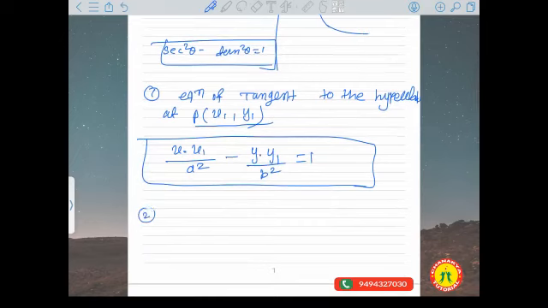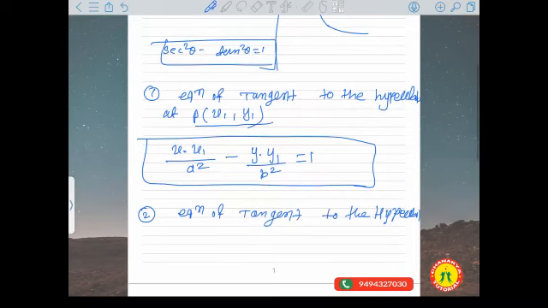So equation of tangent at point x1 comma y1 given है तो लिख दिए, right? First equation. Now second equation, what will the second equation of tangent to the hyperbola at P point a sec theta b tan theta?